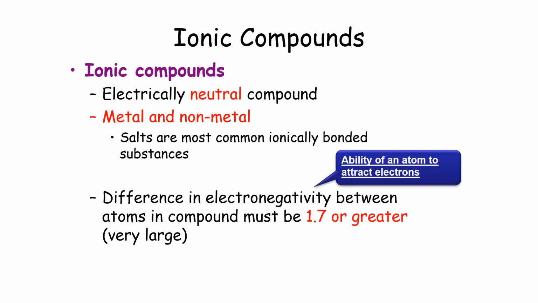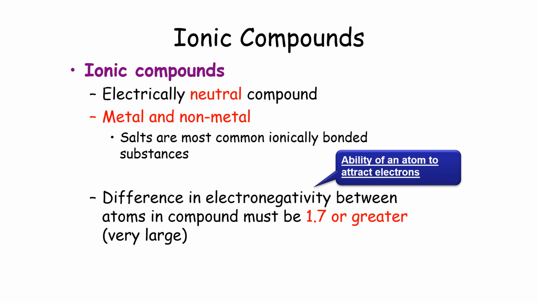Recall from the previous chapter, when we talked about electronegativity, that it's the ability of an atom to attract electrons. So if we are talking about sodium and chlorine, chlorine is attracting more electrons, and it is actually a lot more electronegative compared to sodium. So when we go to Table S and look at the electronegativity values for chlorine and sodium, the difference is going to be 1.7 or higher.